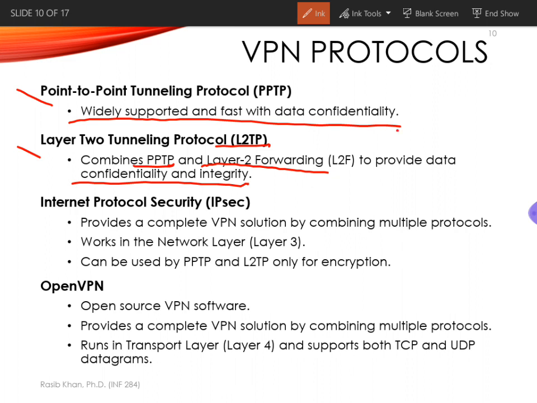So here, confidentiality means that anyone from outside cannot view whatever is inside an encrypted packet. And integrity means that if someone has modified the packet, the receiver will be able to identify that the contents have been modified.